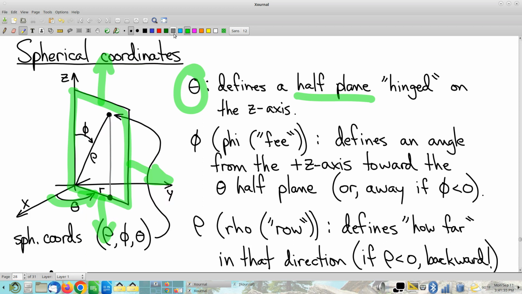But it does not extend infinitely the other direction. It's been cut on the z-axis. The z-axis is effectively the hinge on which this, if you will, kind of door is swinging. So I like to call it a half plane hinged on the z-axis.